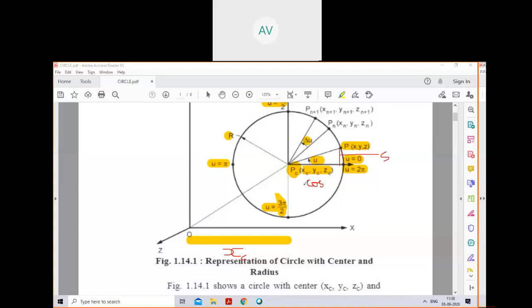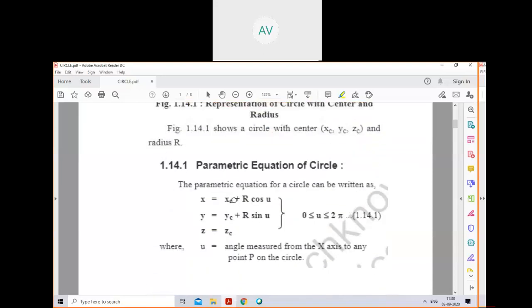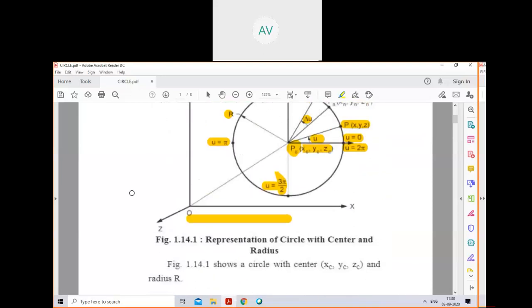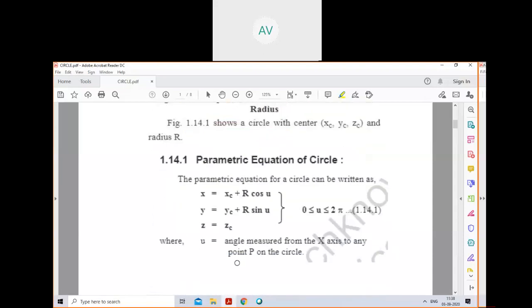So here we write r cos u, and here we write r sin u, right? So the x coordinate will be written as xc plus r cos u. Similarly, for defining y, the distance will be yc plus r sin u. So this is how we have written the parametric equation for the circle.